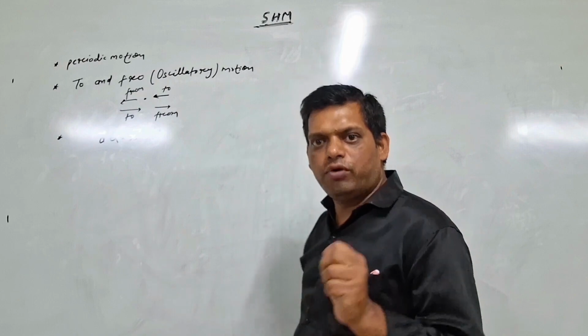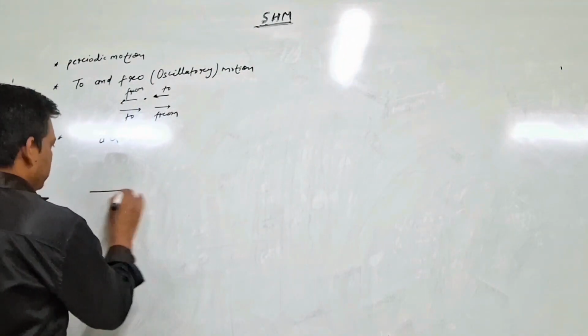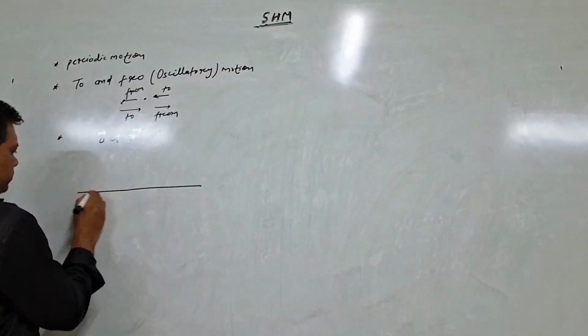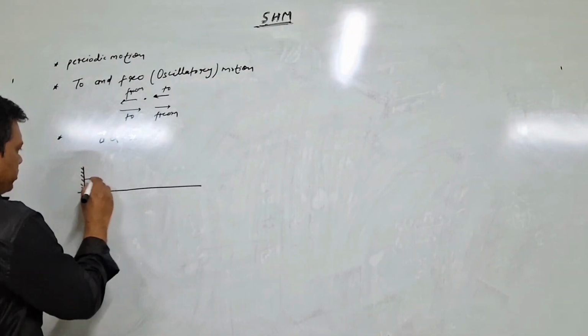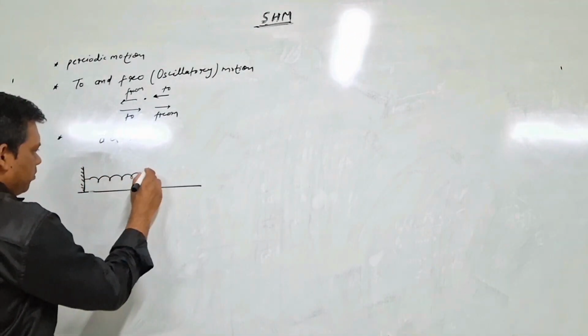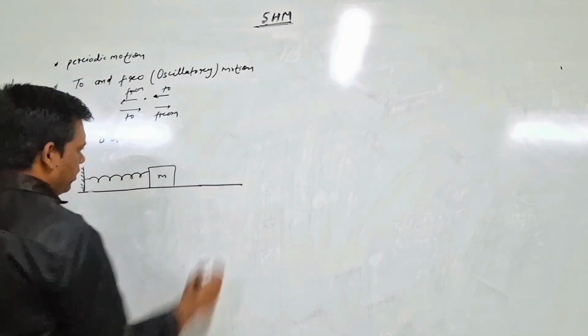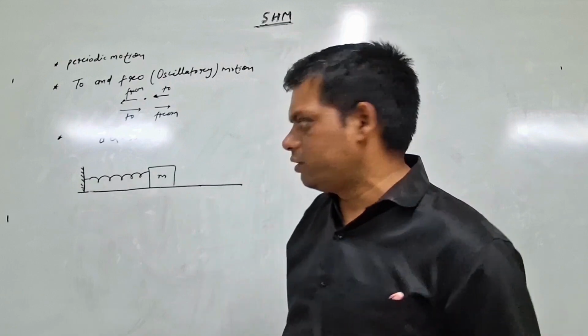For example, suppose that this is a smooth table and this is our fixed support here, and this is a spring mass system. Initially the spring is at its natural length.